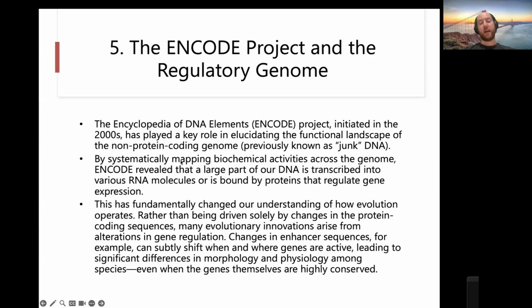And so essentially, this project had the focus of systematically mapping the biochemical activities across the genome. And what it showed is that a large part of our DNA is actually transcribed. There's a lot of chemistry going on in a lot of these regions, which are outside of these genes. And so a lot of these switches are active. They have proteins binding them.